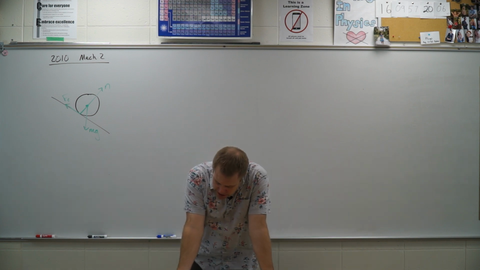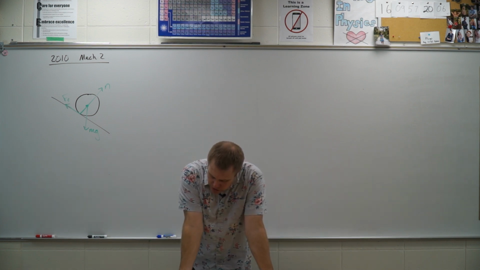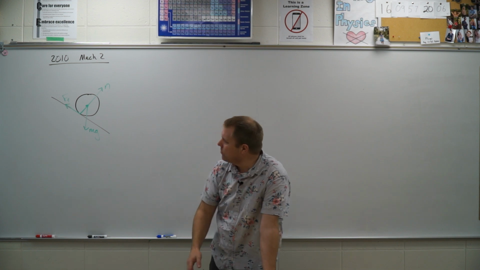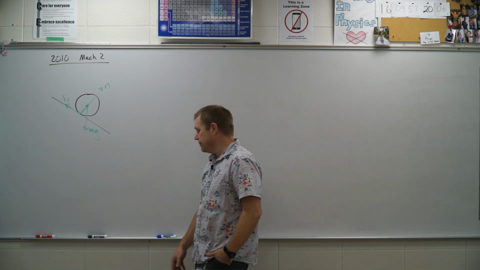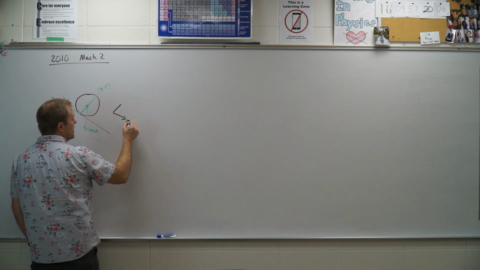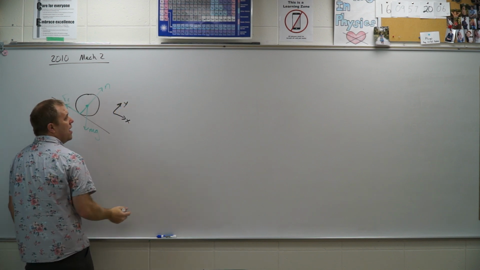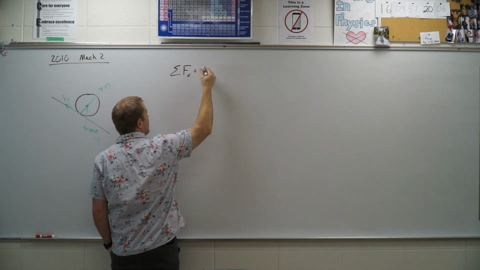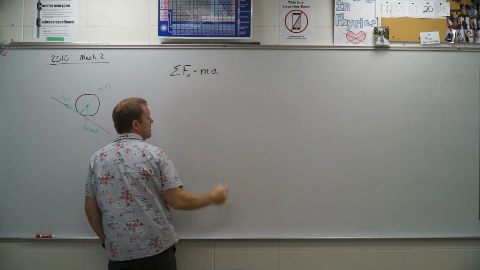All right, so next, it wants me to calculate the force due to friction acting on the ball as it rolls along the roof. If you need to draw anything more, draw it somewhere else. That's fine. Okay, so I'm going to go ahead and rotate my coordinate system. And when I rotate my coordinate system, it will be accelerating in my x direction, so it'll be ma here.